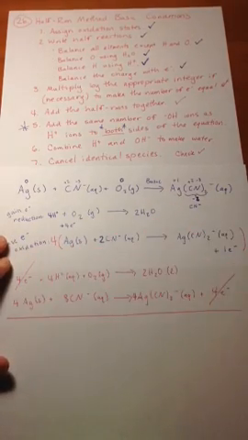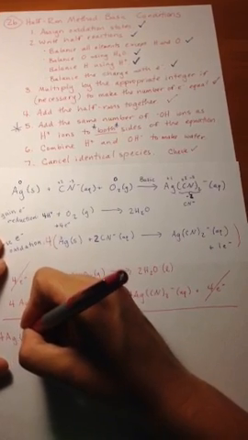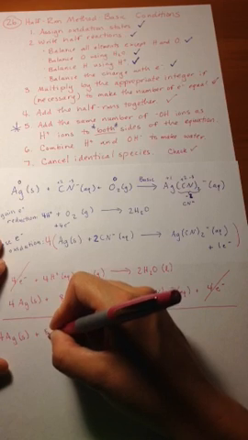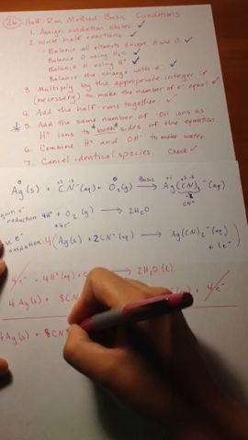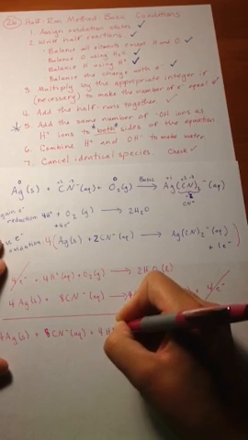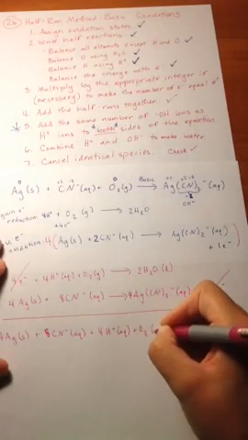So now let's write our overall reaction for what we have. So we have 4Ag for silver plus 8CN minus 2.